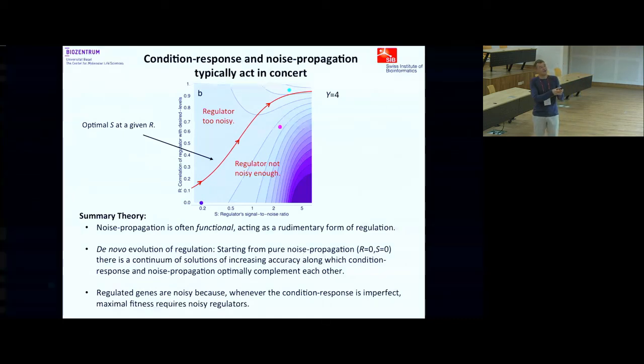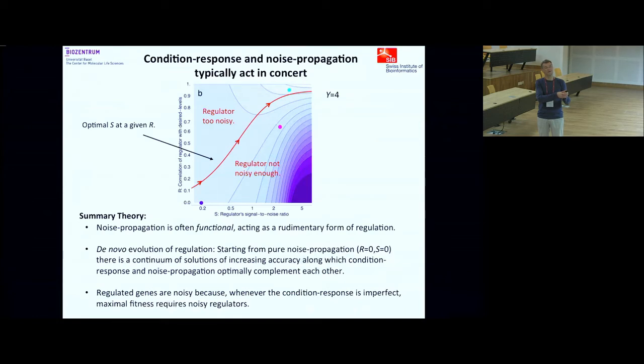Now, what you can imagine is that maybe initially, you couldn't find any regulator that had high correlation with what you want, but you could find a regulator that would make you more noisy. So, in order to evolve gene regulation de novo, you can maybe start by coupling to a regulator that simply increases your noise.